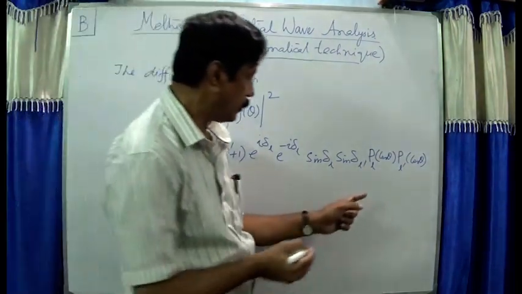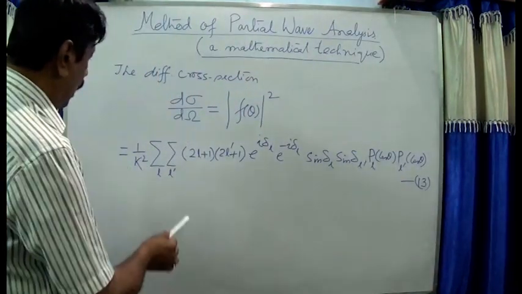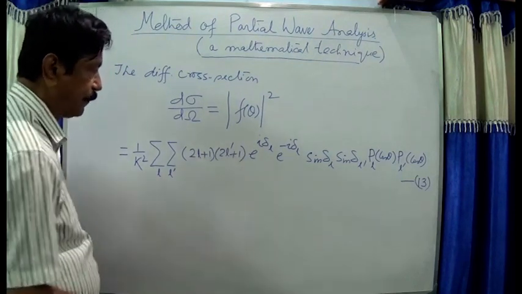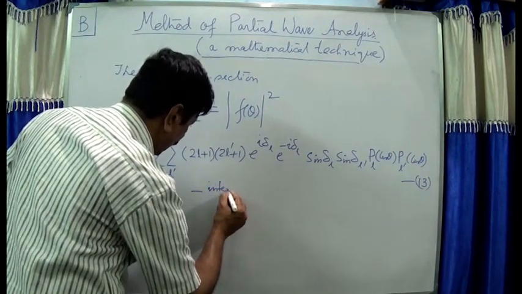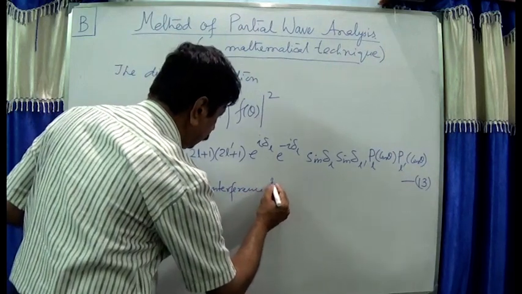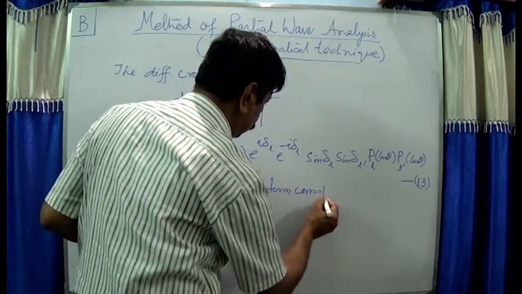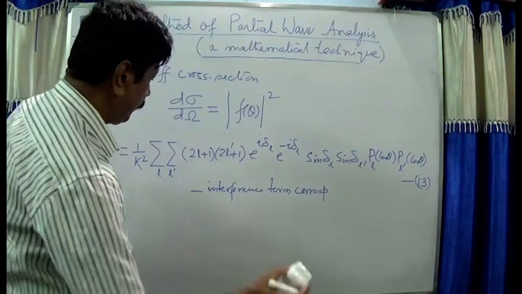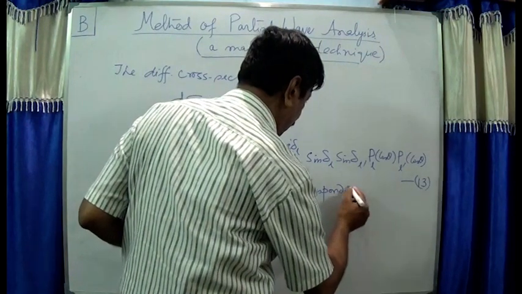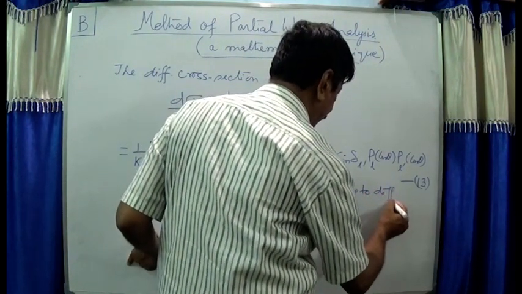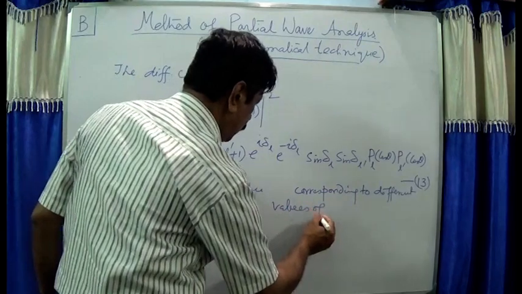One thing we can note here, this expression is number 13, is that as there are terms for L and L prime, it gives interference terms corresponding to different values of L.